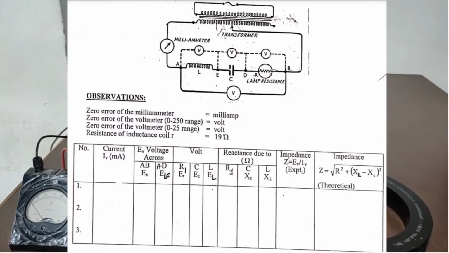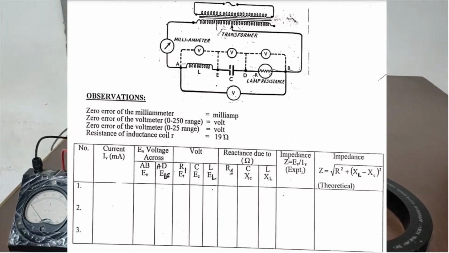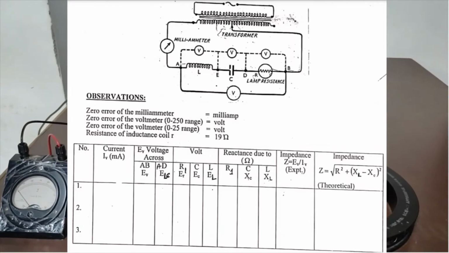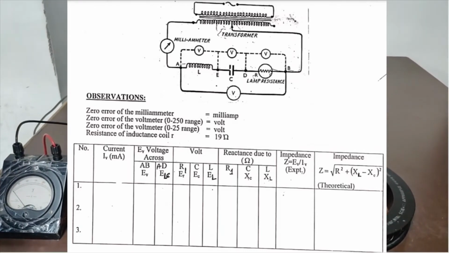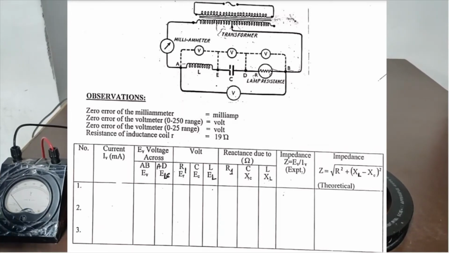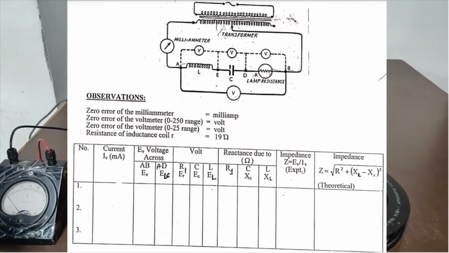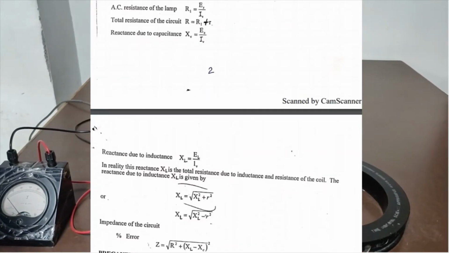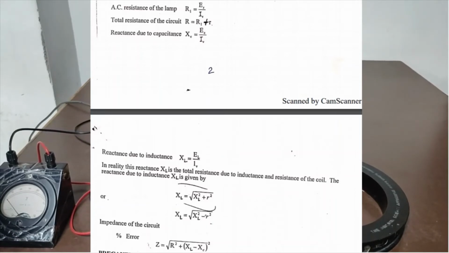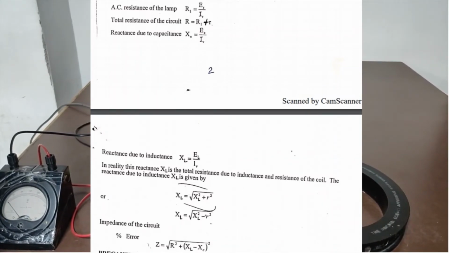So next we have to compare our experimental value with the theoretical values of impedance, which depends on R, XL and XC. XL is the reactance due to L, which is inductor, XC is the reactance due to capacitor, and we have to evaluate these values from this formula. XC equals EC by IV, and across the inductance with the formula EL by IV.